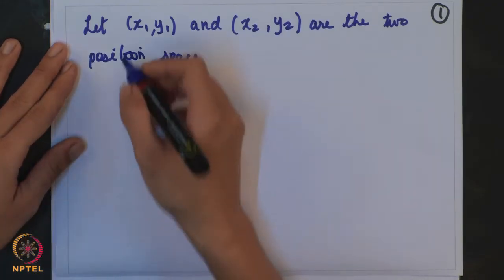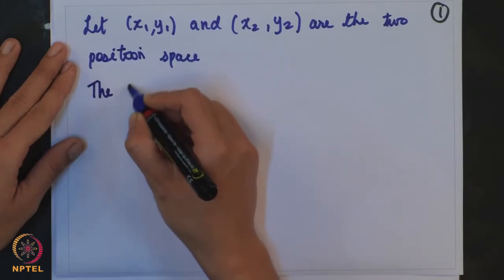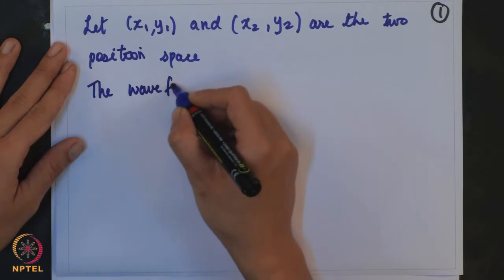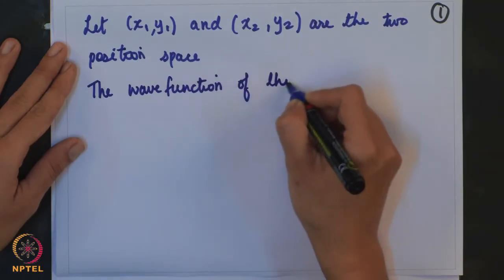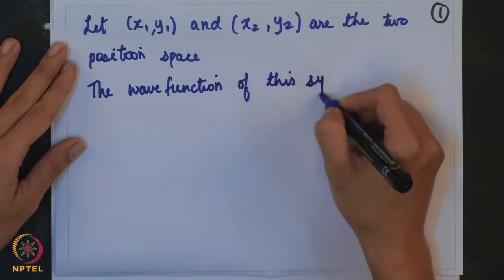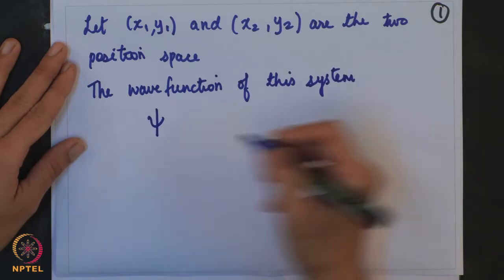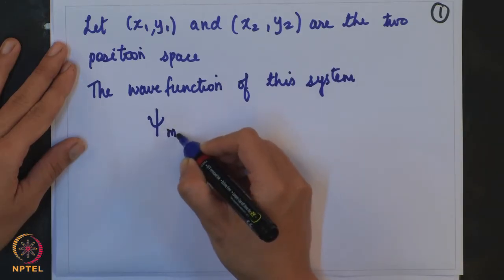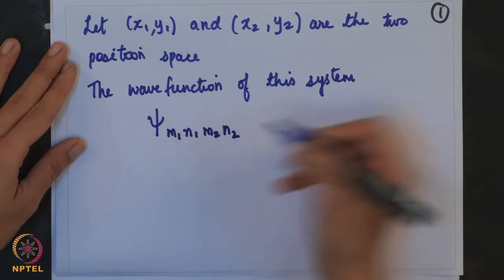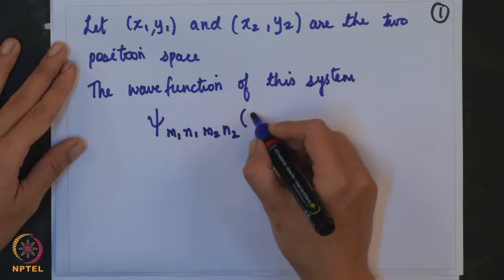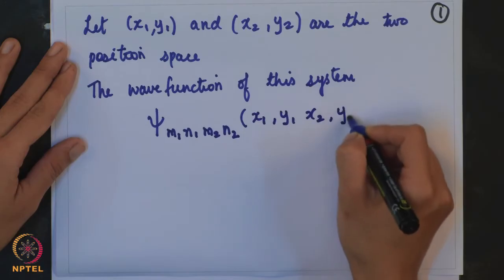To start with, the wave function of this composite system of two particles will be psi m1 n1 m2 n2 as a function of x1 y1 x2 y2.